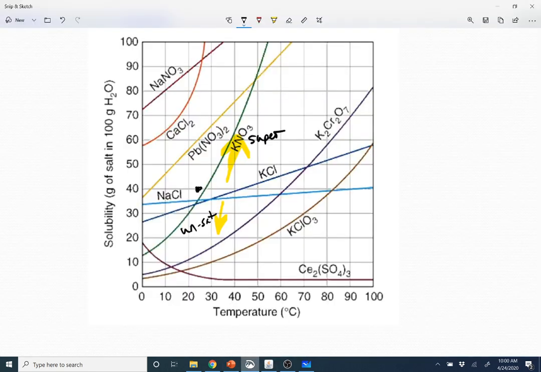So when you guys are doing your quiz and they're telling you to read this graph, that's pretty much all you're doing: you're looking at it and saying, okay, are we above this line? Are we below this line? Saturated, unsaturated, and then of course supersaturated.